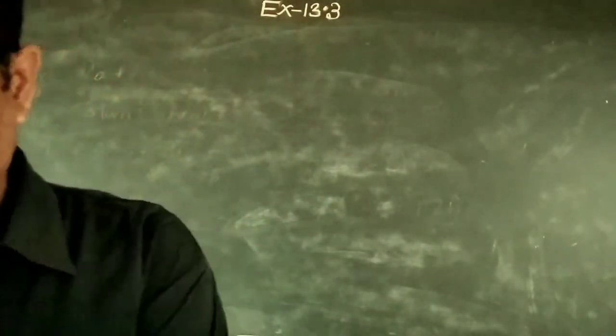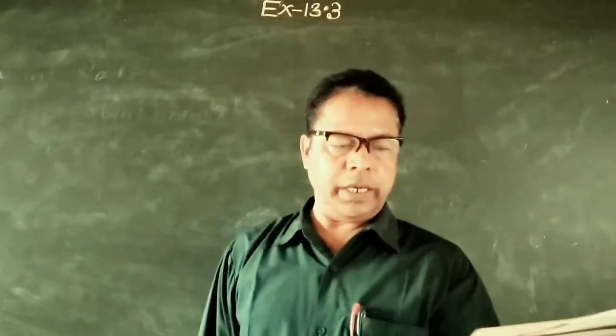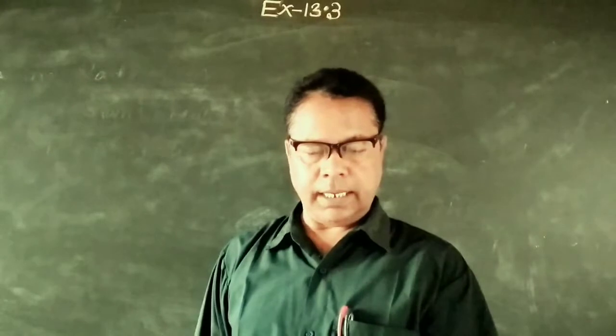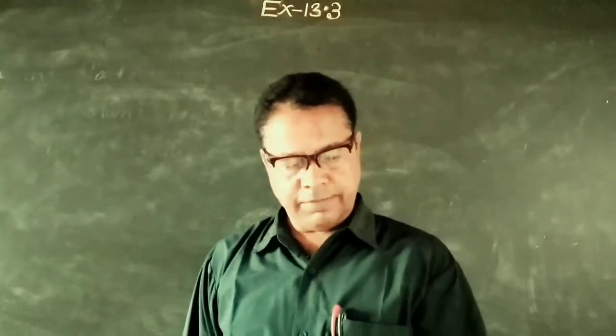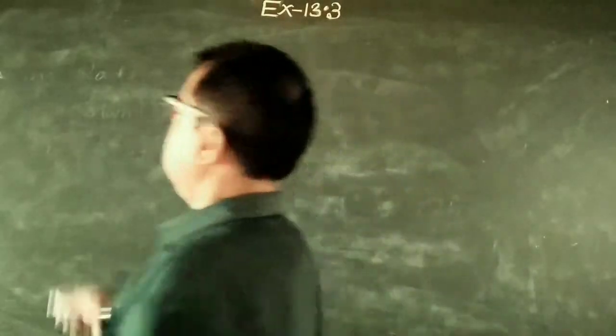Question number 3. The curved surface area of a cone is 308 cm square and its slant height is 14 cm. Find the radius and TSA of the cone.